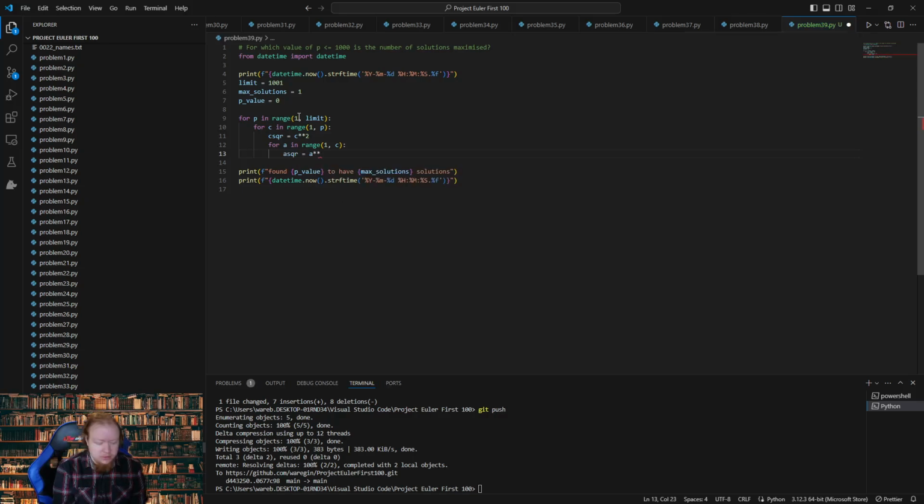And then we want to do the square root of C squared plus A squared to find B. And then if B is an integer, then we have a solution.